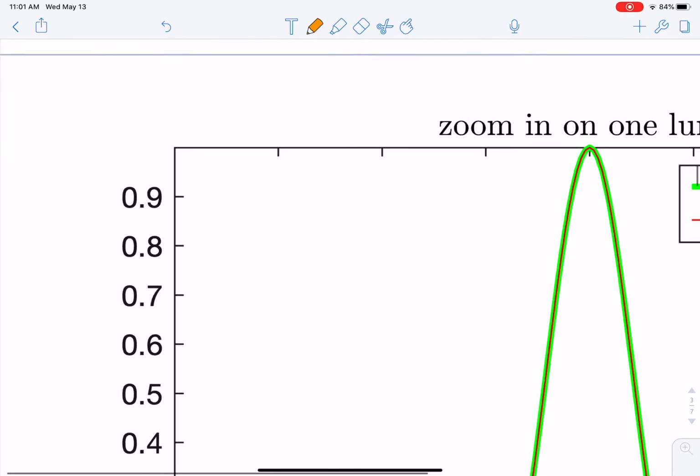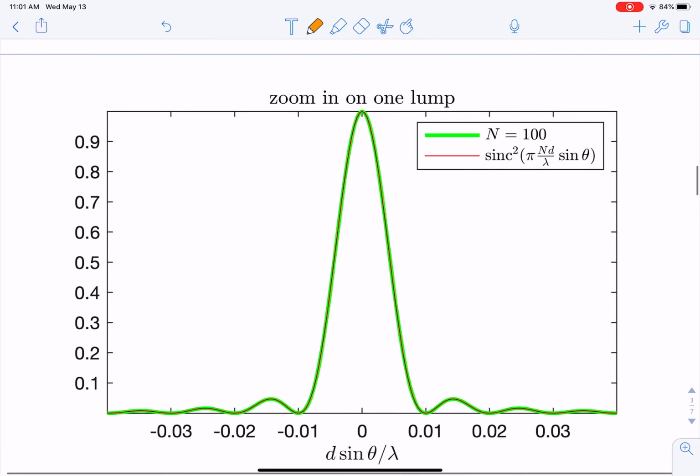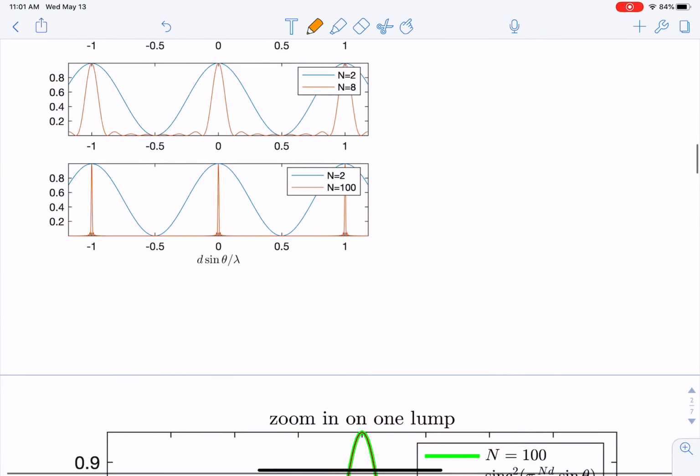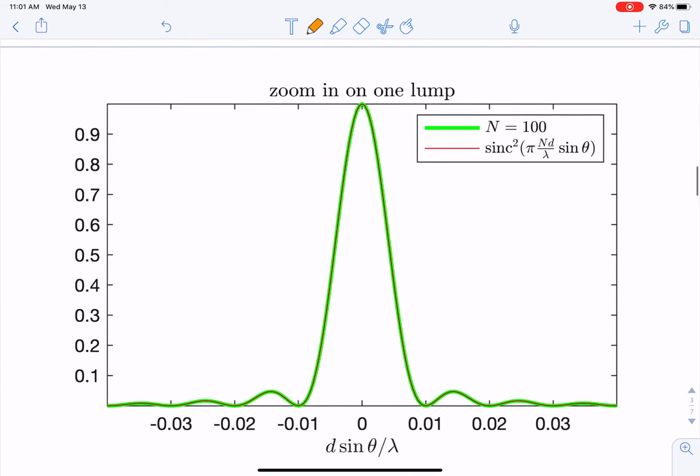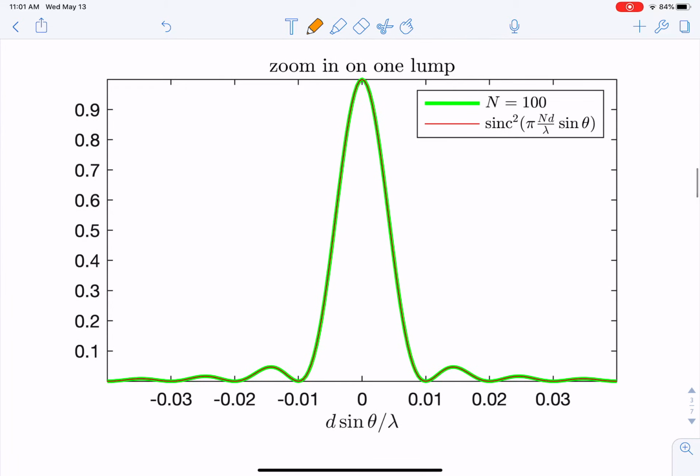Okay, so this is just for fun. We've zoomed in on just this region here around one of the spikes. And I've graphed it in green. And on top of it, I've graphed this sinc squared function, which is, if you remember, what we get for a single slit.